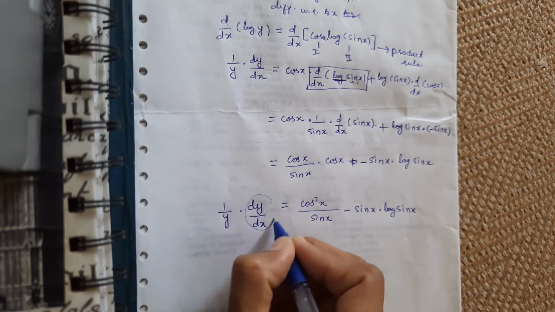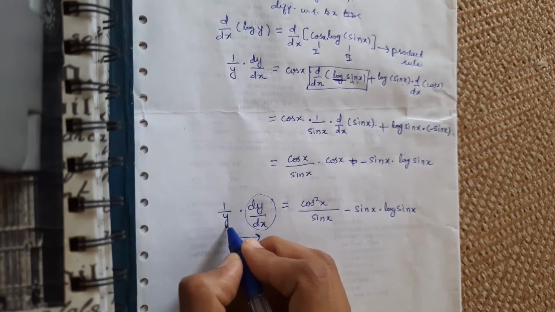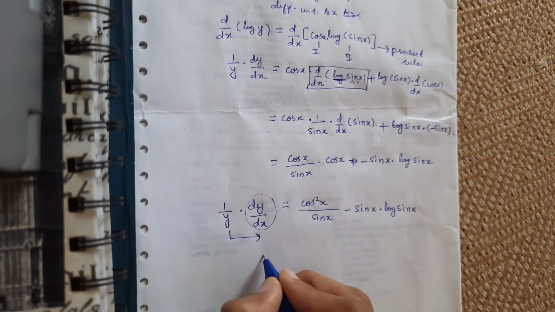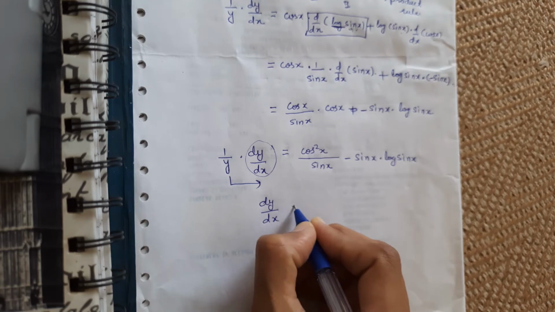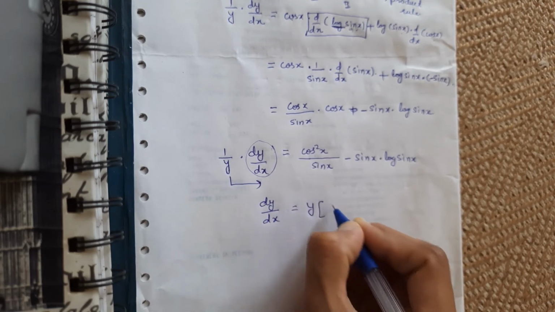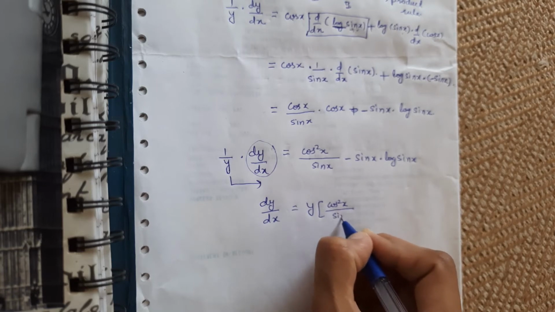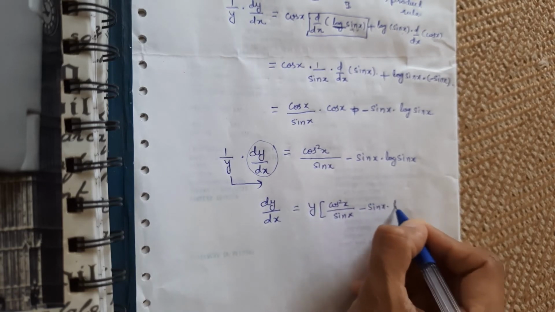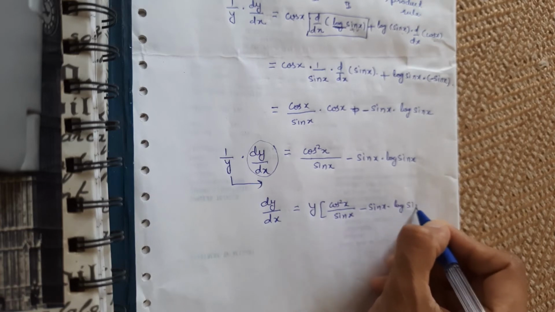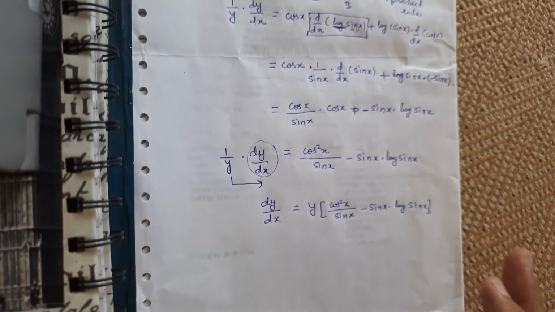Now my target is finding dy by dx, so I am shifting this y to this side. It is in the denominator, so it will come into multiplication. So dy by dx I will get simply equal to y into (cos square x upon sin x minus sin x into log of sin x). That's how I find the derivative of this term.